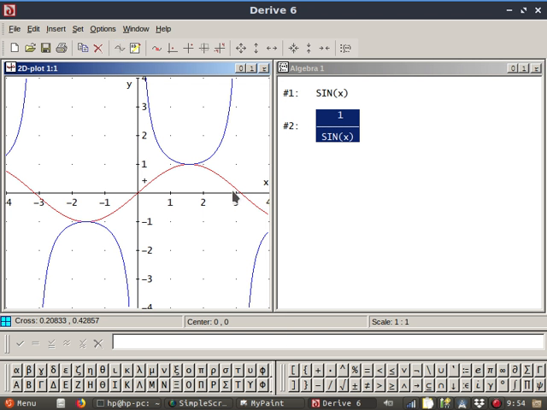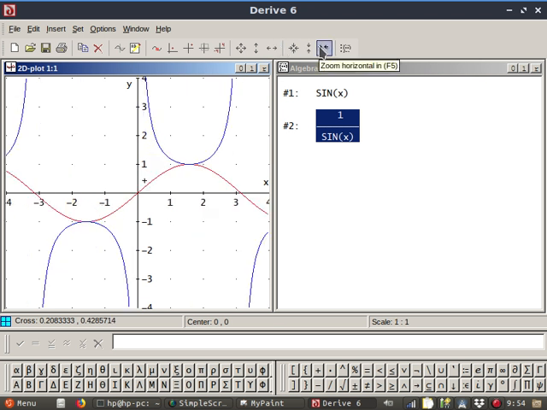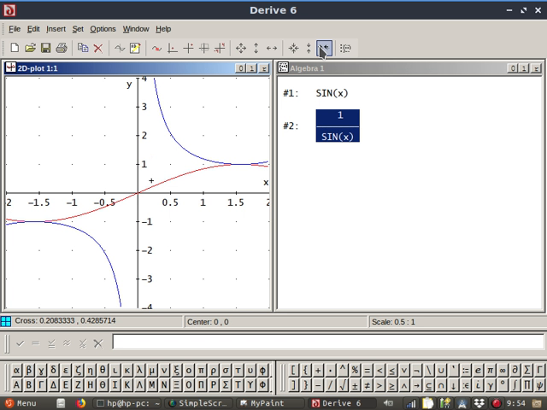Oh, then I had to shrink the domain. Like here? Yeah, it was like here, wasn't it? Okay, and now I have to get the inverse. What's 1 over sine? Cosec, isn't it? It's inverse. Right, let's see.